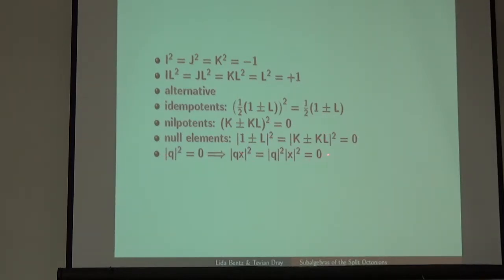But it is still a composition algebra. And in particular, if you take a null element whose squared norm is 0, and you multiply it by anything, the result is also a null element, because the norm of the product is still the product of the norms. And so if one of the elements squares to 0, when you multiply by anything else, it still squares to 0.